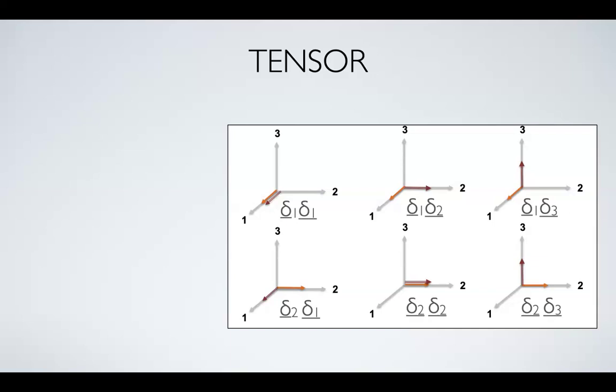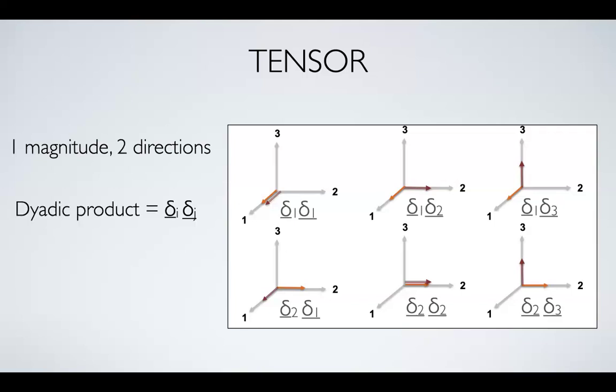The direction follows the arrangement of the vectors in the form. If it's del 1 del 2, the direction is going to be different, corresponding to the coordinate systems.